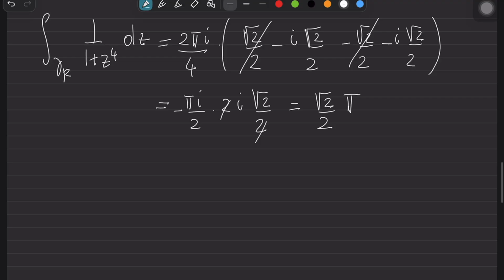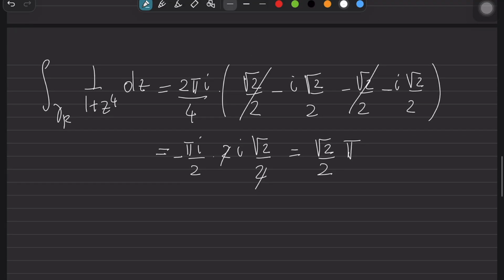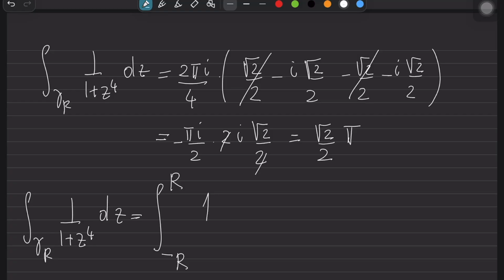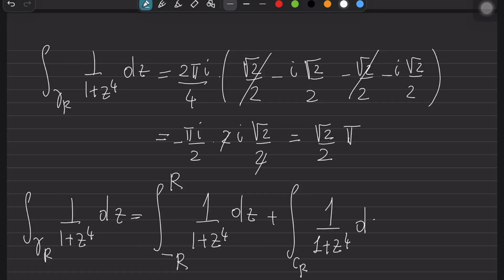Now, as r goes to infinity, we can rewrite this integral over gamma r of 1 over 1 plus z to the power 4 dz as the sum of two pieces. The integral between negative r and r of 1 over 1 plus z to the power 4 dz, plus the integral over the semicircle, this is cr, of 1 over 1 plus z to the power 4 dz.